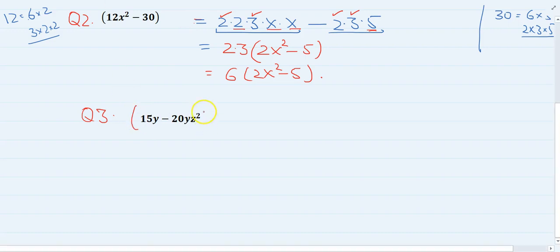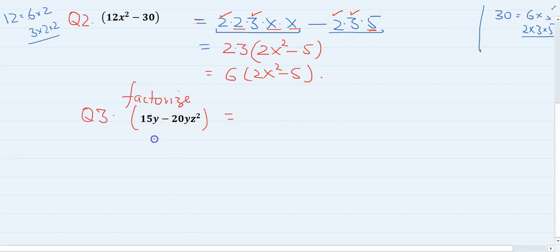So our next example is to factorize. It is already in expanded form. We have to factorize it: 15y - 20yz².